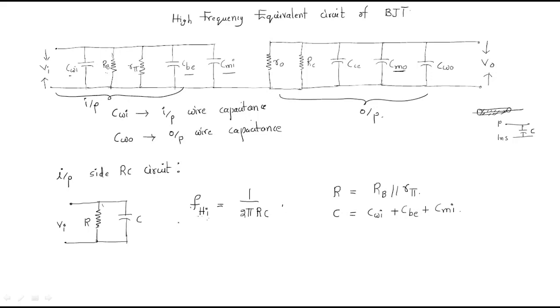and we can do the output side also. So I will take the output side RC circuit for high frequency. For that purpose, on the output side also we can draw like this, one R and one C. So here the same formula, FHO, that means the output side high frequency value, is the same, 1 by 2π RC.